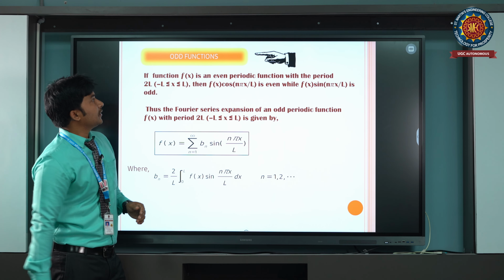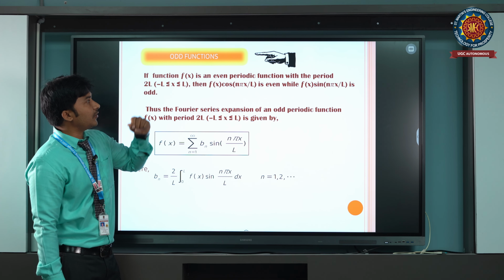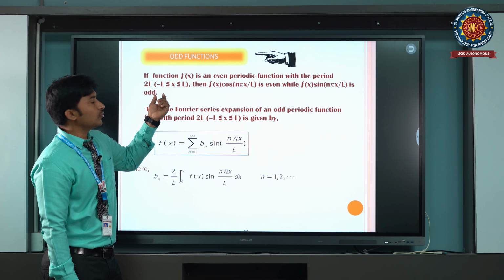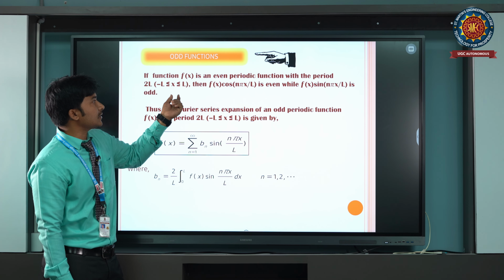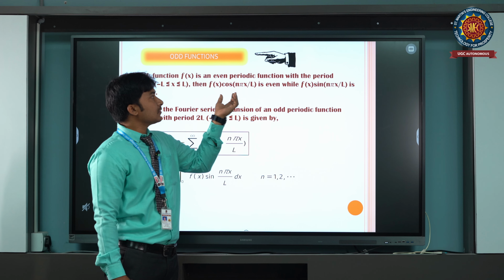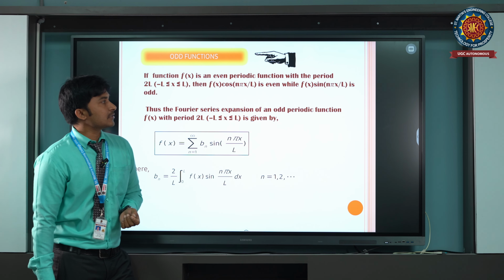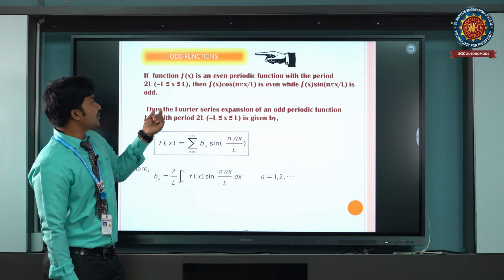an odd function. If a function f of x is an odd periodic function with the period 2l, minus l less than or equal to x less than or equal to l, then f of x cos n pi x by l is odd and f of x sin n pi x by l is even.